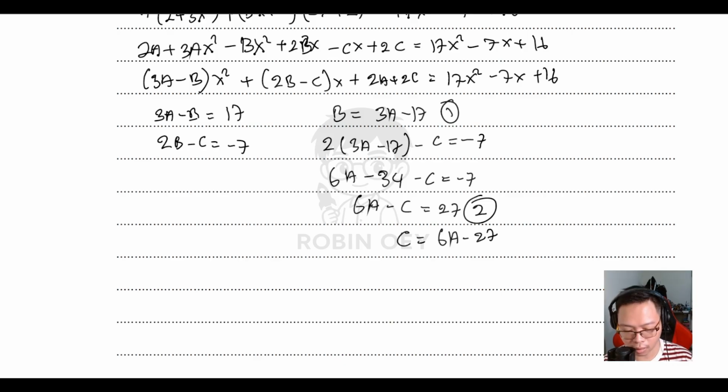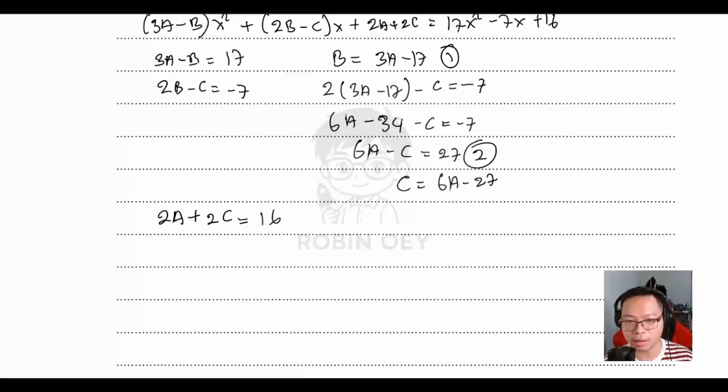Now we have B and C in terms of A, so I'll put everything into 2A plus 2C equals 16. With C being 6A minus 27, we have 2A plus 2 times (6A minus 27) equals 16.